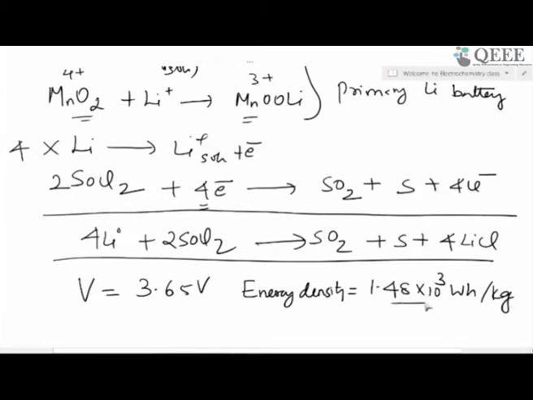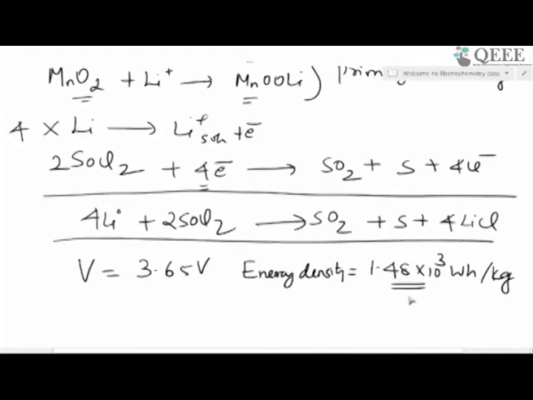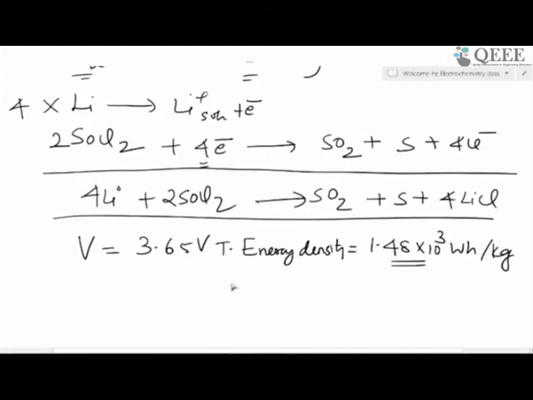I will come to how to calculate the theoretical energy density of the battery later. This is the theoretical energy density. Practical energy density is about 700 watt hour per kg. Okay. So the lithium primary battery, lithium thionyl chloride, gives practically about 700 watt hour per kg with a voltage as high as 3.65 volts.